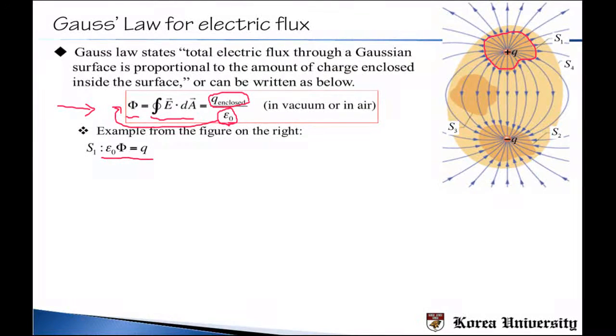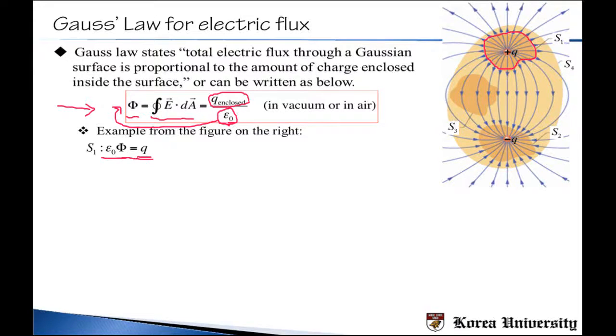The shape looks a little bit simpler, but it's basically the same thing. So you can say that epsilon naught multiplied by the electric field flux over the entire Gaussian surface is equal to the total charge inside, which is plus Q in this case.